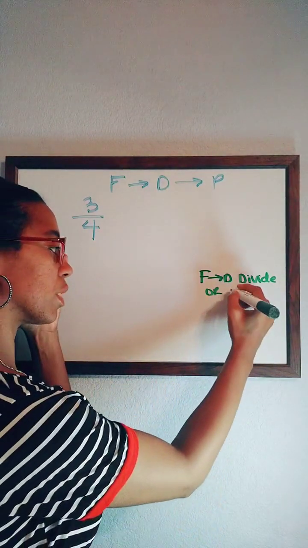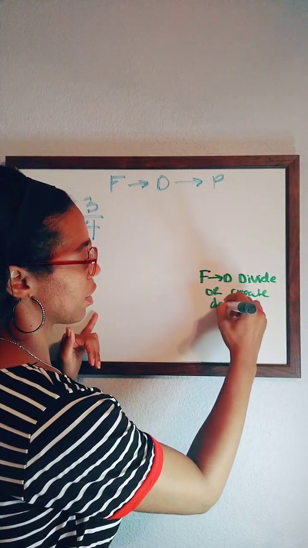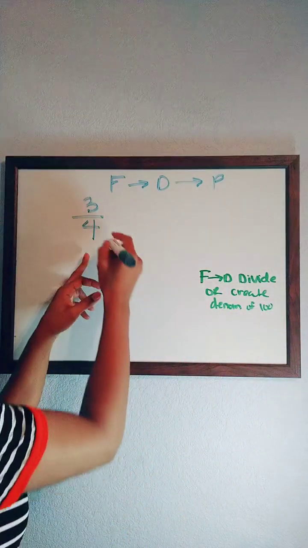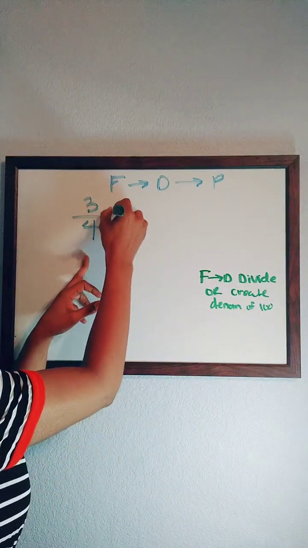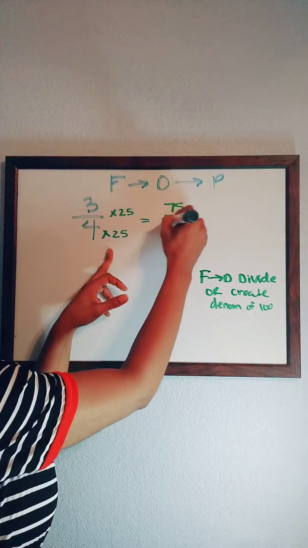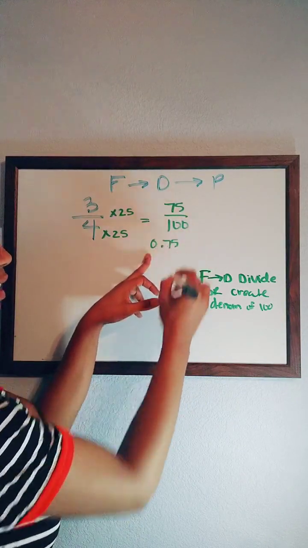Okay, thank you, Adrian. Or create a denominator of 100. And I say that because I can multiply this times 25 and multiply this times 25, and that's going to give me 75 over 100. This is 7,500, so that's going to be 0.75.